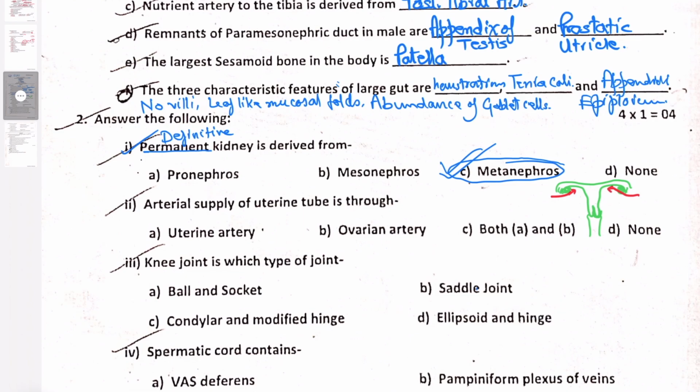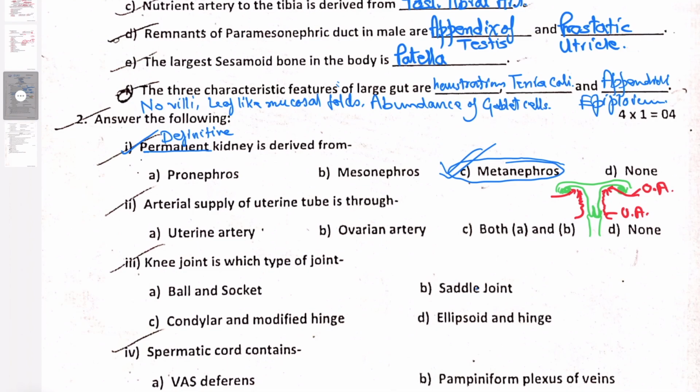And don't forget, it also supplies the pelvic portion of the ureters. While the uterine artery will ascend up, it's a tortuous artery and will also supply the medial portion of the fallopian tubes. So this is the uterine artery and this is the ovarian artery.